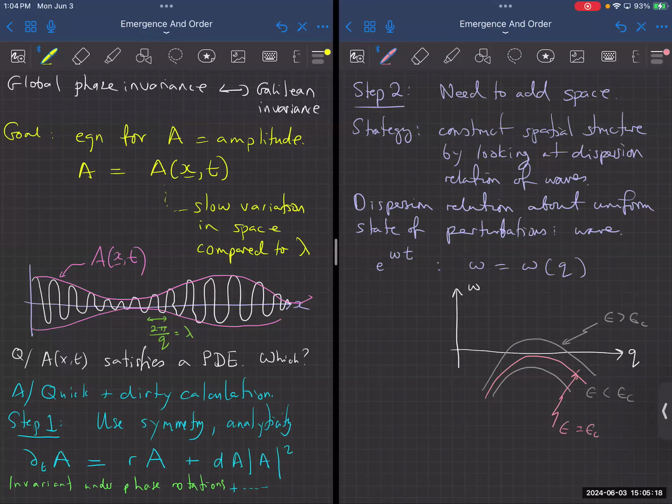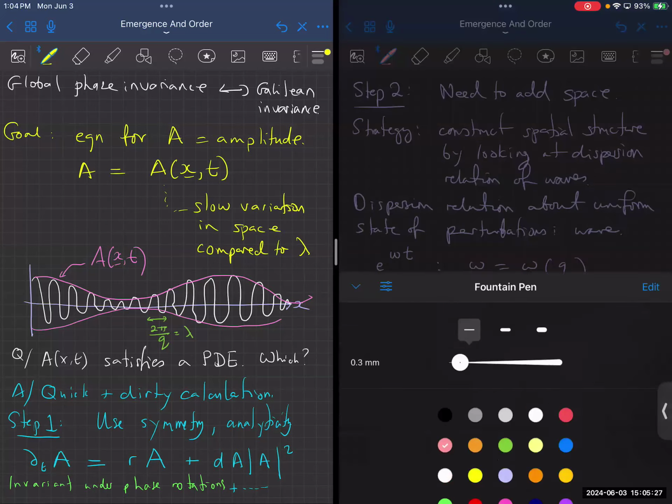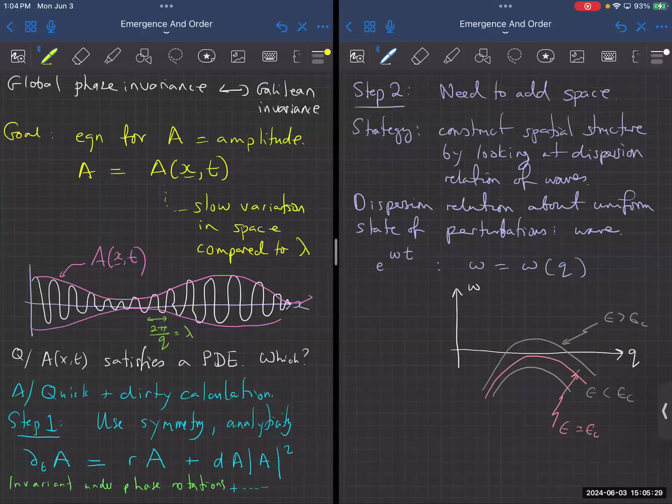So that's what the dispersion relation looks like if I have a band of unstable wave numbers. So we can then ask, well, what is the shape of this? It has the shape of a parabola.